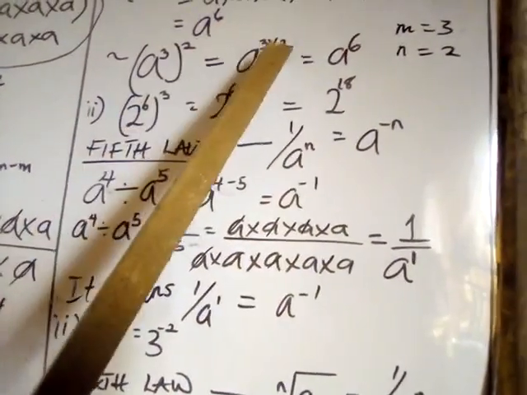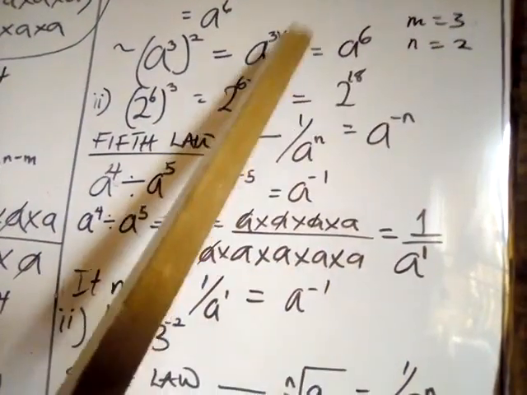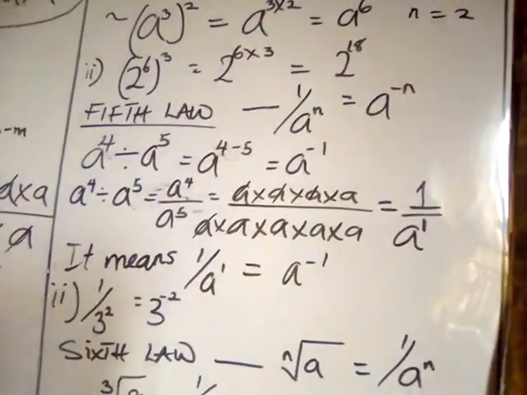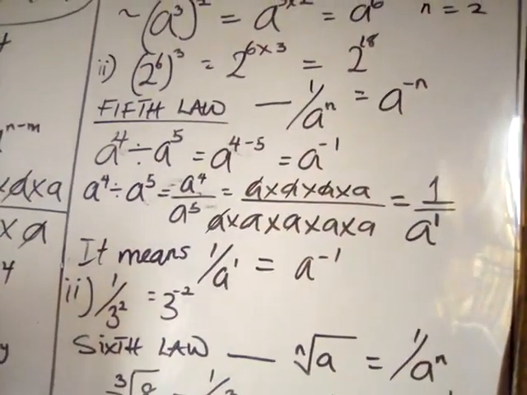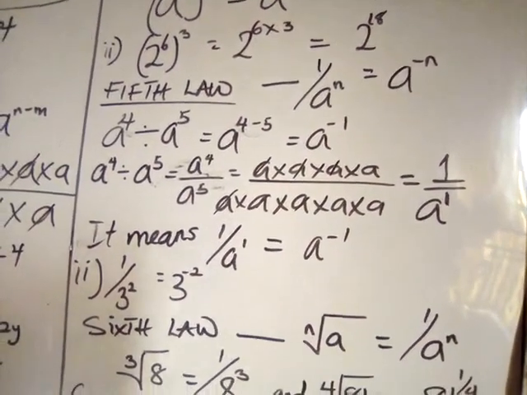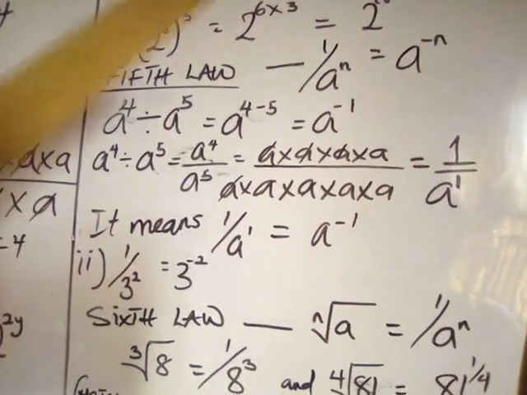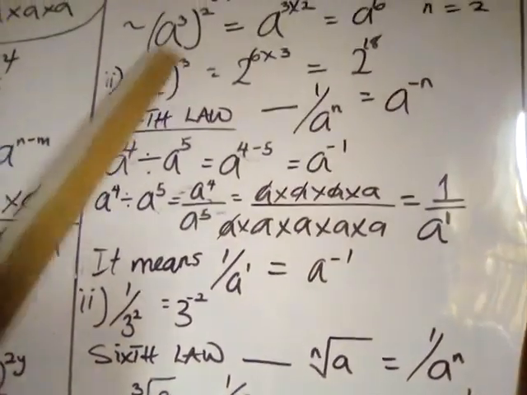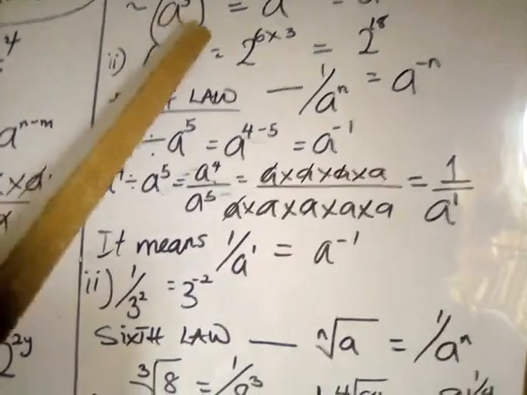What is our n? n is 2. Then a is to the power what? 6. You can see the same value we got here. Same value. Yes, that's why you say (a raised to power m) raised to power n is equal to a raised to power m times n. So those are, and another example is (2 raised to power 6) raised to power 3.